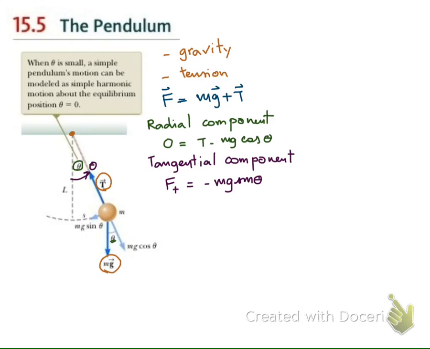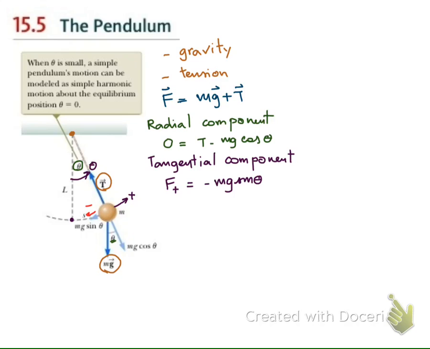If the direction pointing away from the equilibrium point is positive, then the direction pointing toward the equilibrium point is negative.